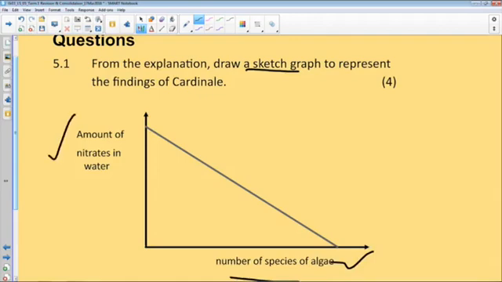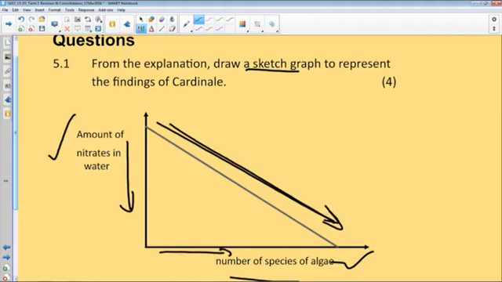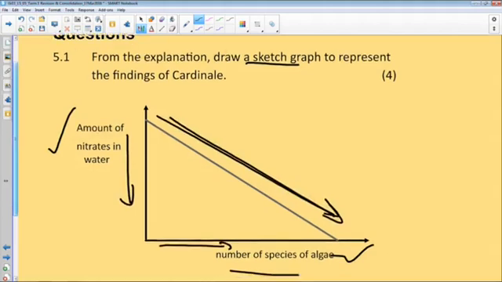And essentially from that last line in the paragraph, it clearly showed that as the number of species of algae increased, the amount of nitrates decreased, and hence we referred to this as an inversely proportional relationship, and hence we will indicate that as the line decreases as the number of species of algae increase. So well done if you could get that answer correct.